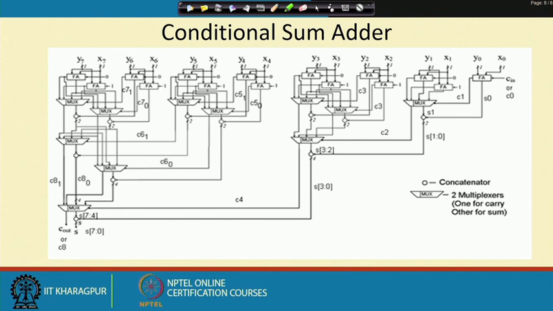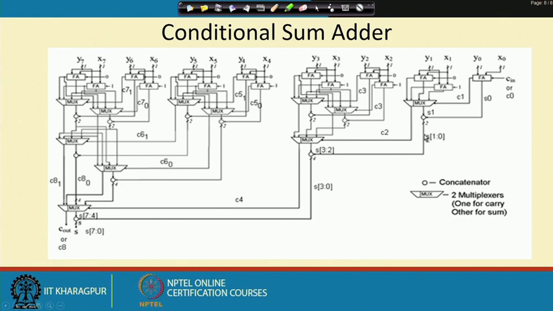Whenever I get the previous carry C1, based on that we take the decision which output from these two full adder cells will pass. If the carry signal is 0, this full adder cell will pass its values. Otherwise, if the value is 1, then the other full adder cell's values, that is the sum and carry, will pass through these multiplexers.